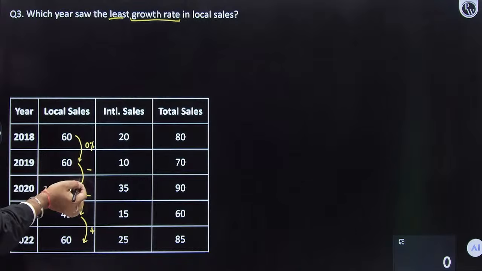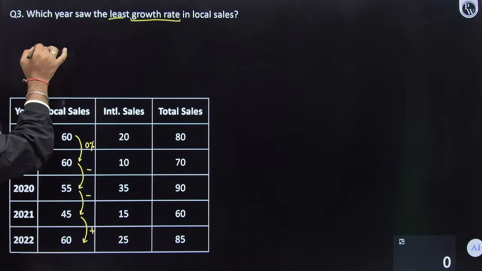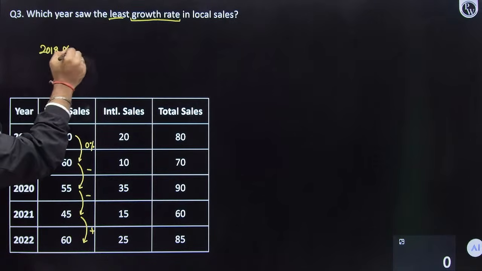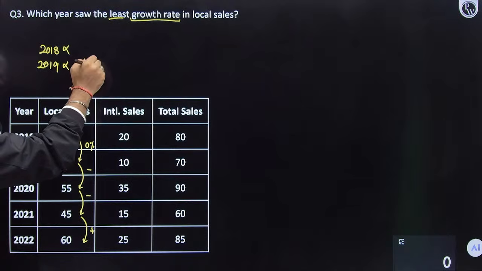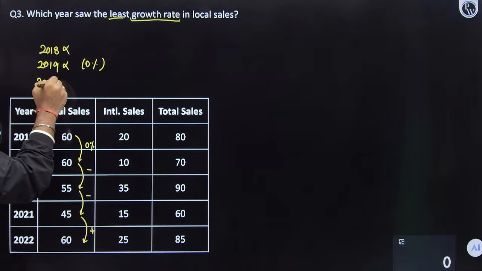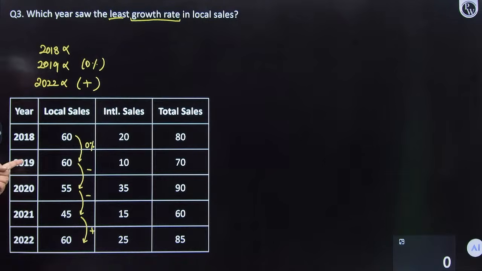That basically means 2019 can't be my answer because 18 to 19 won't work. 2018 obviously I don't have, because I don't have 17 to compare. 2019 also won't be there because the change there is 0%. 2022 also can't be my answer because the value is positive. So it has to be either 2020 or 2021. How do we check?